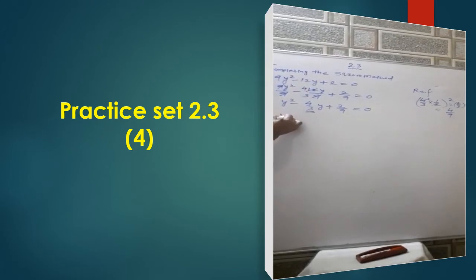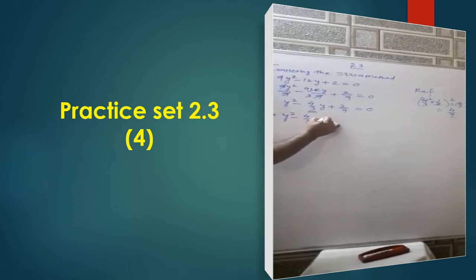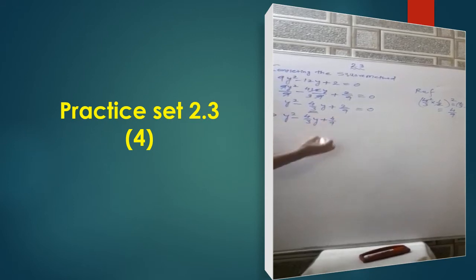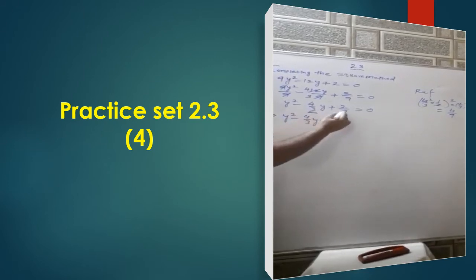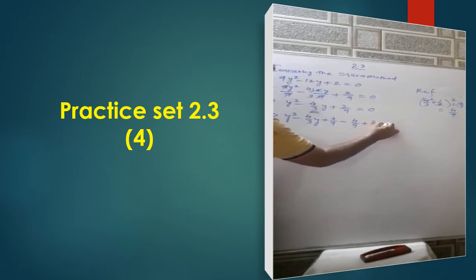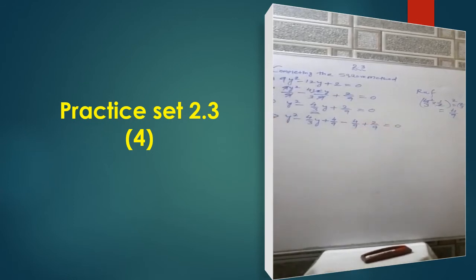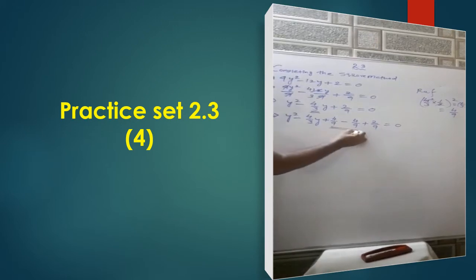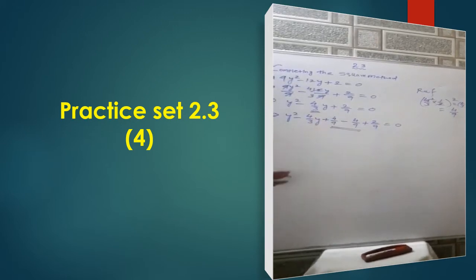So y square minus 4 upon 3y plus 4 upon 9, and minus 4 upon 9 plus 2 upon 9, that equals to 0. This way we write down. Here we write 4 upon 9 plus and minus.